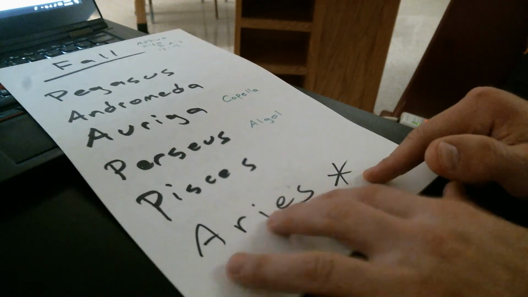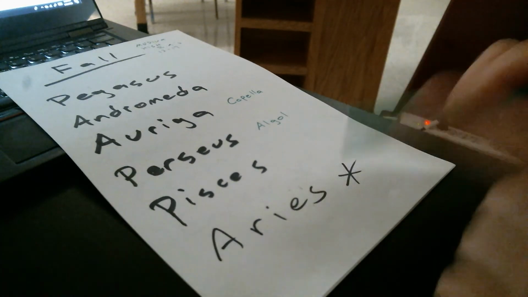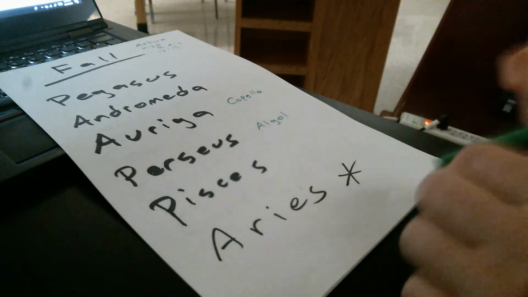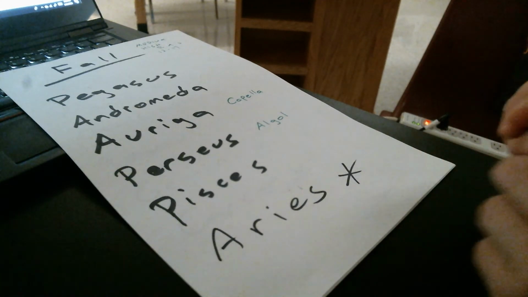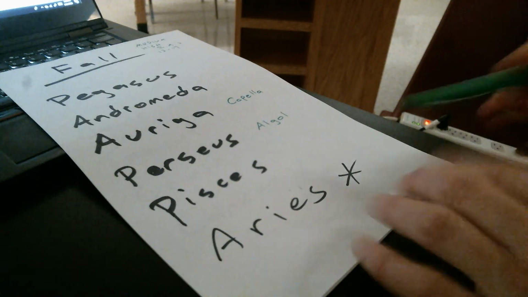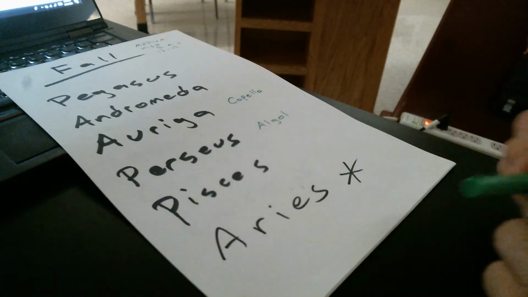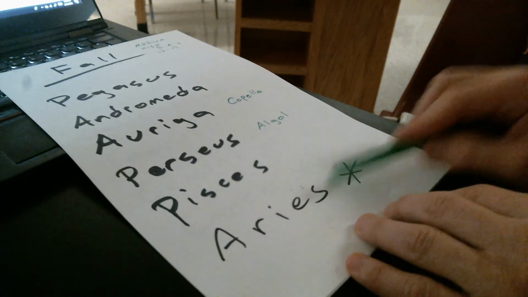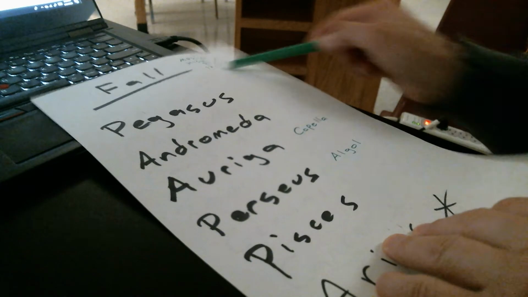There aren't any bright significant stars in Aries, but it is very significant in terms of its geometry and where it is located relative to the ecliptic and the celestial equator. So please remember what time of year the sun is in Aries, what time of year the earth is in Aries. All right. So those are the medium high right ascensions.